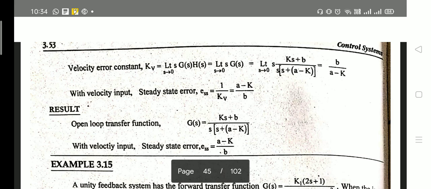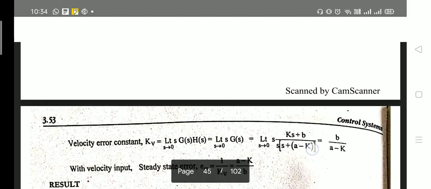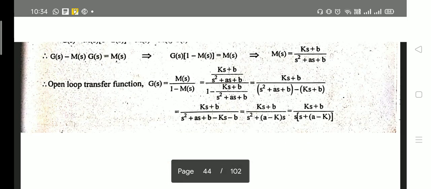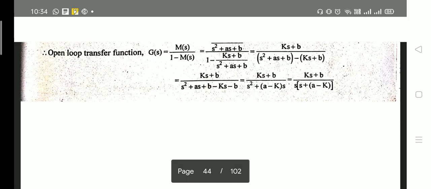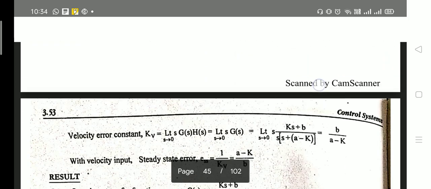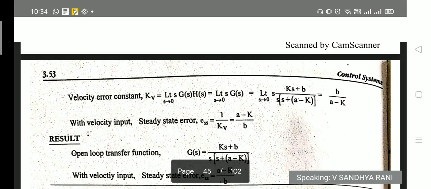So, we can find the velocity error. Why? Because this is a type 1 system, here s power 1. So, type 1 system. We can find the velocity error constant, that is Kv equal to limit s tends to 0 of s into G(s)H(s).